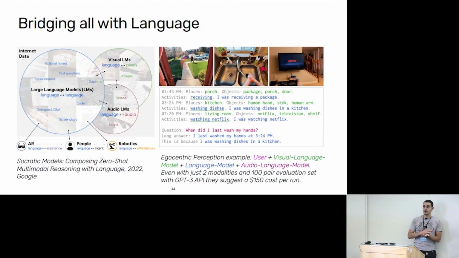So this approach of using one cornerstone modality, such as text, and then bringing everything to those pairs of text with something, was later worked on in the Socratic Models paper, also by Google, where they tried to bring language models, visual language models, audio language models, robotics, and even daily agent mechanisms into one single mechanism. If you look into the paper, it's exceptionally hard to understand without going through the examples.